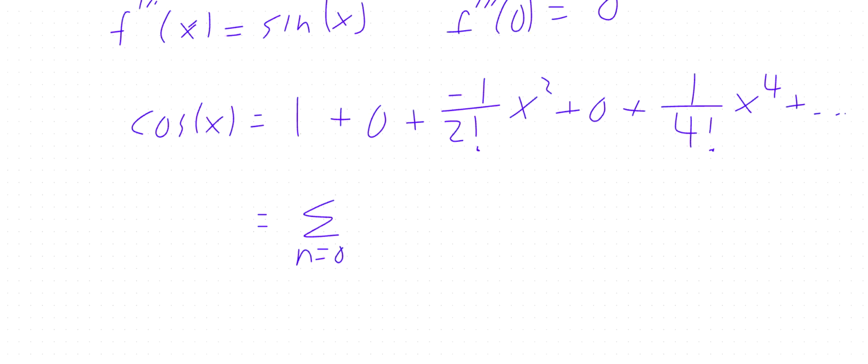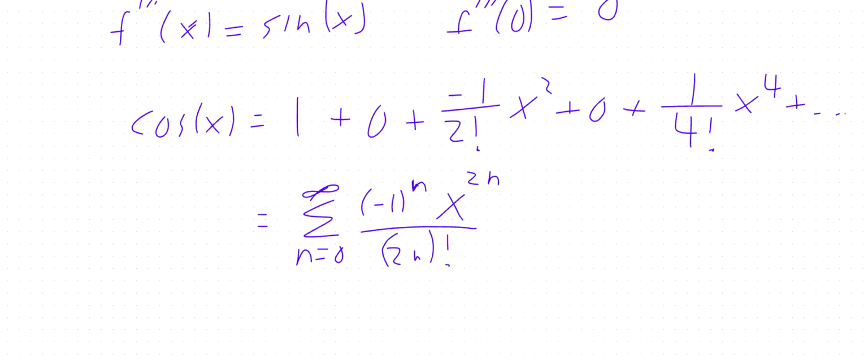We're still alternating between positive and negative, starting with a positive. So we're going to do -1 to the n. But now we want the even numbers. So we just can do our 2n for our exponent and factorial.